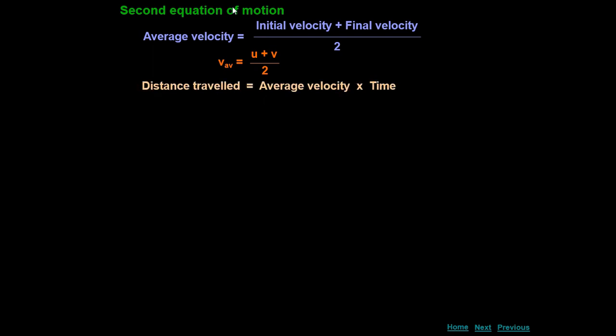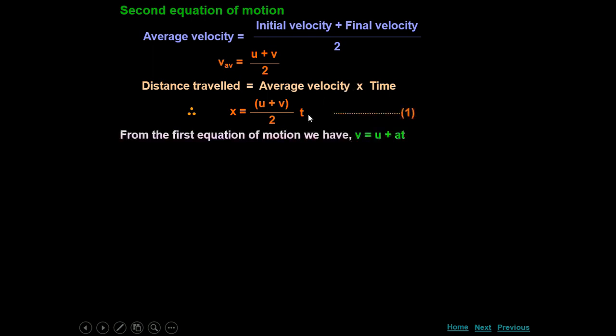The general formula for velocity is average velocity equal to distance upon time. Therefore distance is equal to average velocity into time. Therefore the distance traveled, which we have taken as x, the average velocity is u plus v upon 2, and time is t. This is our equation 1.